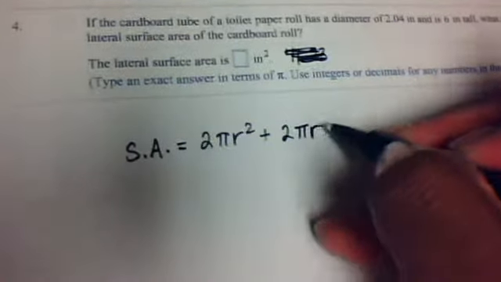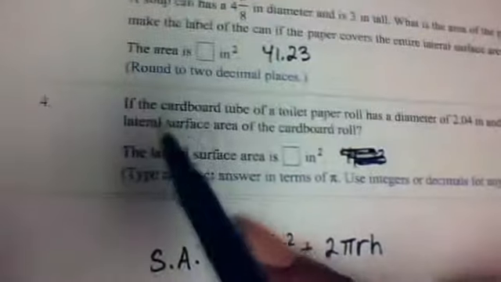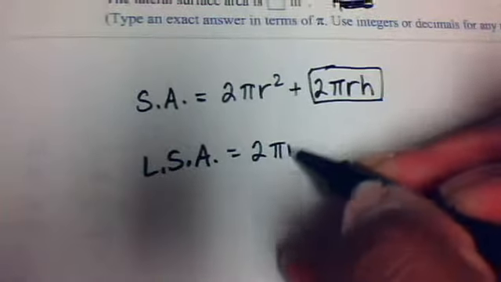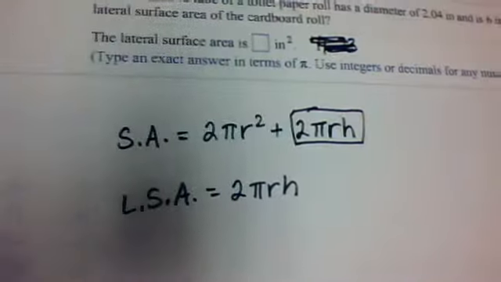And again, the surface area of the cylinder, we know, is 2 pi r squared plus 2 pi times r h. Now again, we're only dealing with the lateral surface area, so we only need this part right here, because the 2 pi r squared represents the base. So here that lateral surface area is going to be just simply 2 pi r times h.